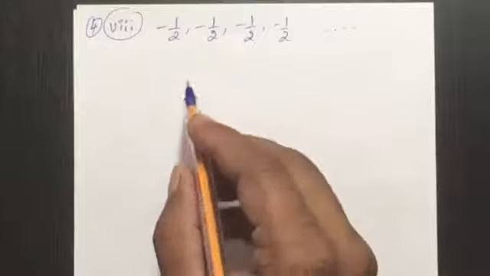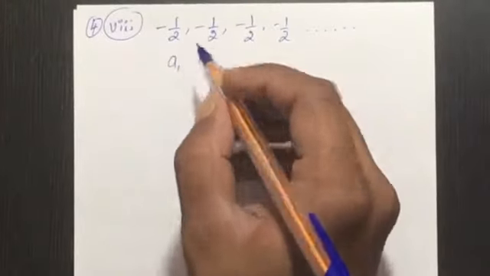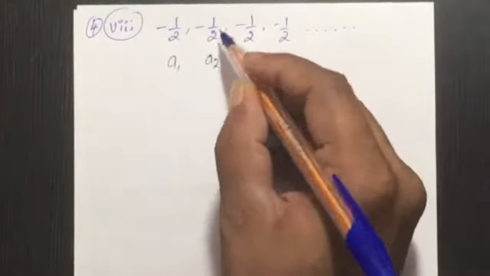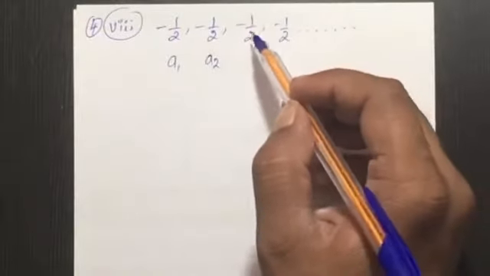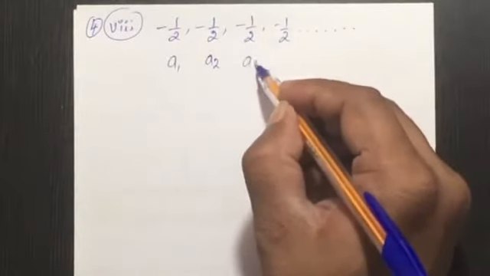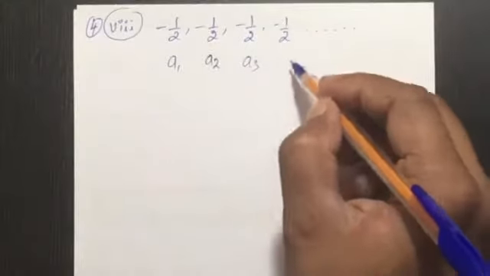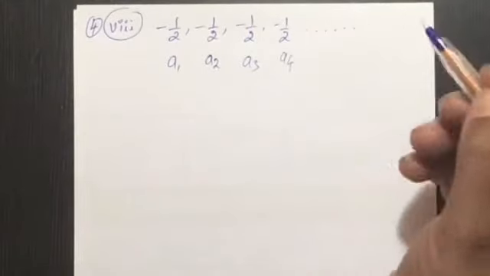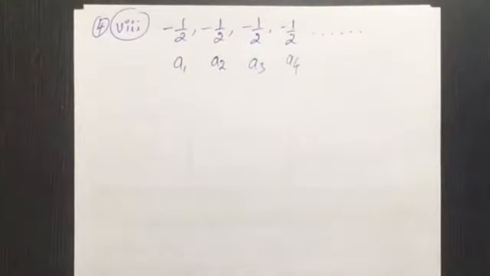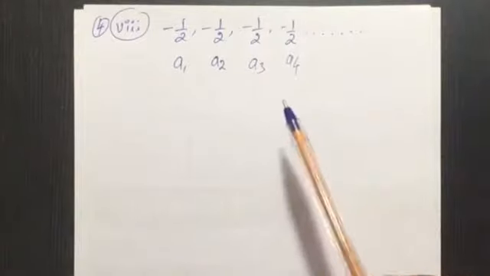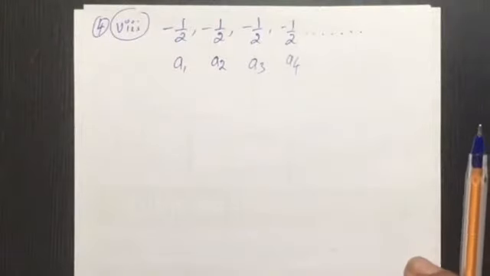This series is given. A1 is minus 1 by 2, A2 is minus 1 by 2, A3 is minus 1 by 2 and A4 is minus 1 by 2. See students, is it an AP? What will be the common difference?